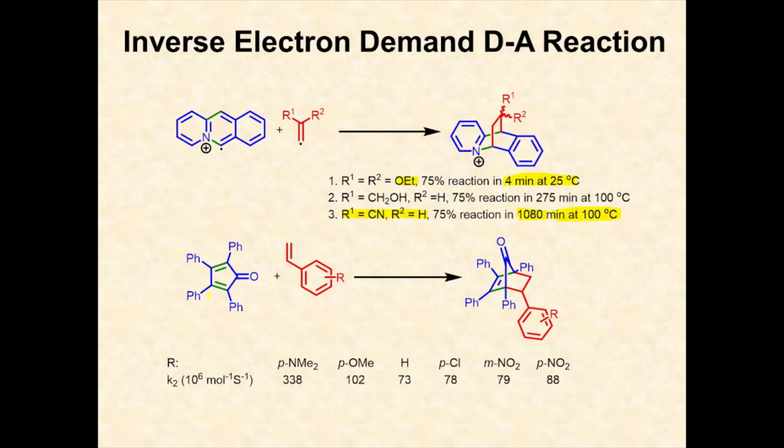Again, the second example has a diene system with a carbonyl group attached in the ring structure and substituted with 4 phenyl groups in the diene part. So it is a heavily substituted diene system, with all the electron withdrawing groups attached to it. We take a styrene molecule which has other substituents in the aromatic ring, from electron donating up to electron withdrawing groups as well.